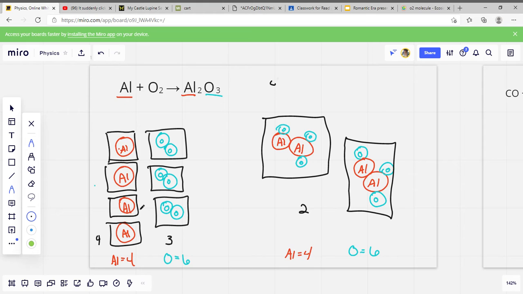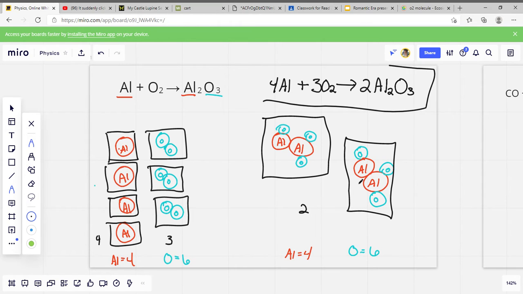So we would write 4 Al for aluminum plus, then we're going to add 1, 2, 3 of these O2 molecules, 3 O2s, and that's going to equal 2 of these aluminum oxide molecules, so 2 aluminum oxides. And that's how you write the answer to that one.